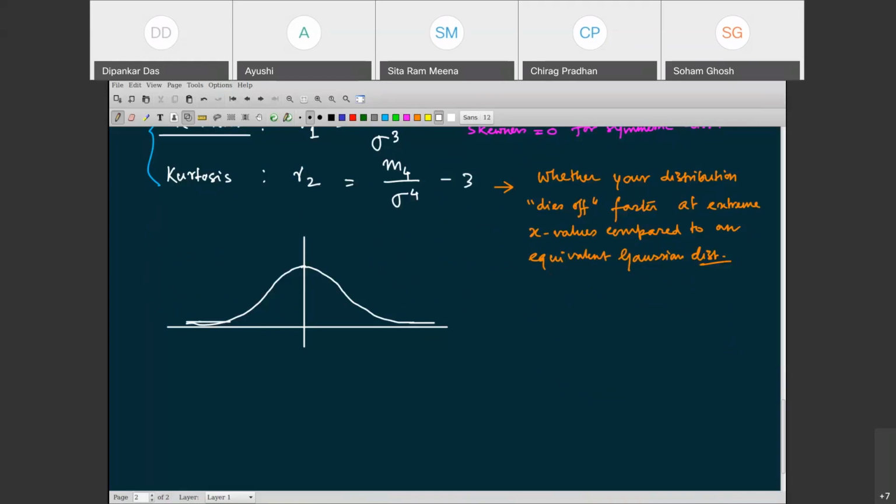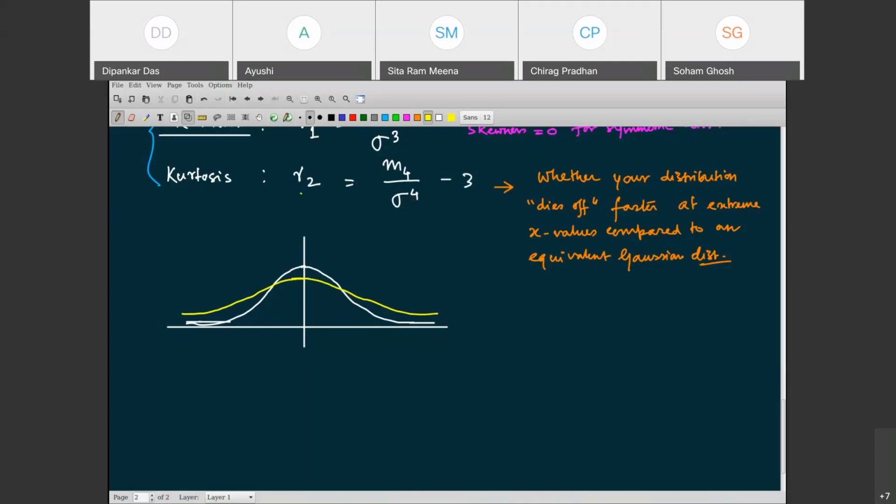And this kurtosis tells you whether, if you have another distribution, suppose the distribution looks like this.